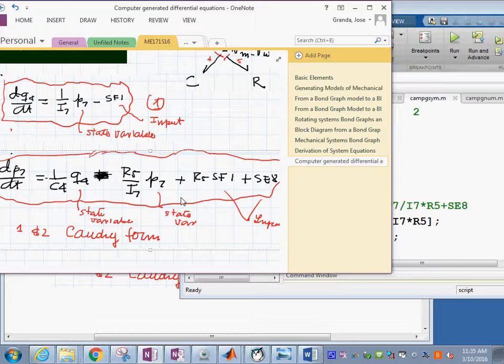The computer went ahead, after having entered the bond graph model, okay, that's all I need. I have these equations. Now let's concentrate on this idea about the state space form.